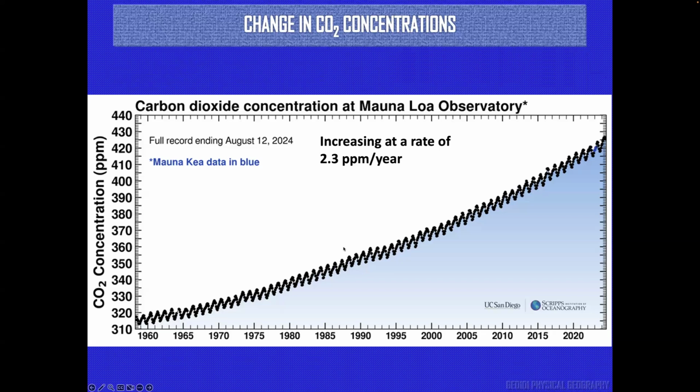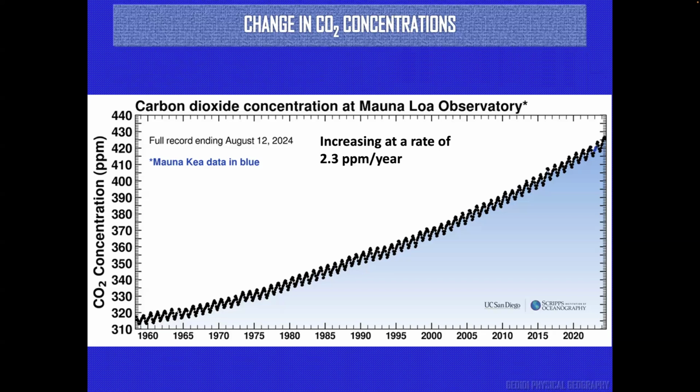So this is the actual record. It dates back to 1958. And this is actual real record. And it is gathered at Mauna Loa, with a little tiny exception in 2022 and 2021 when it was collected at Mauna Kea, very close by in Hawaii.